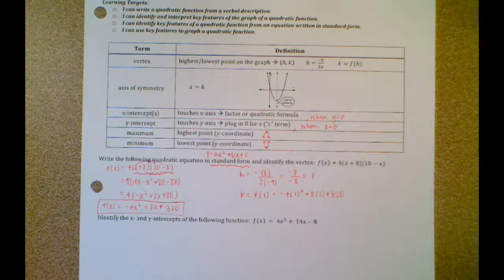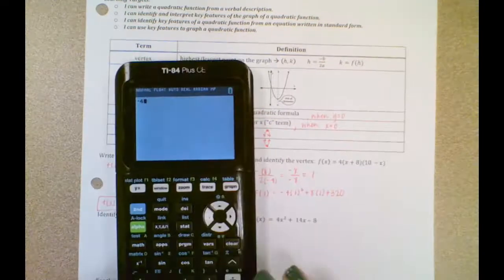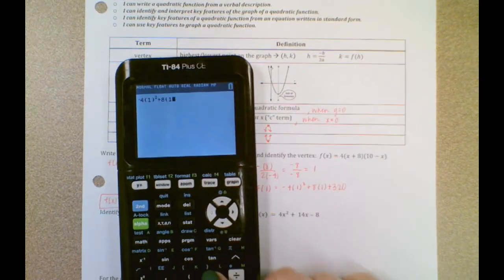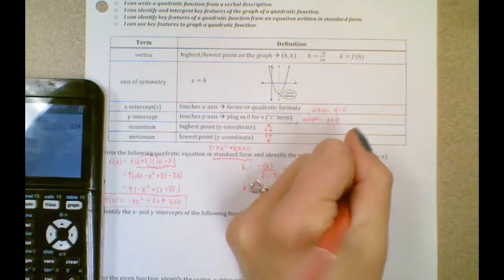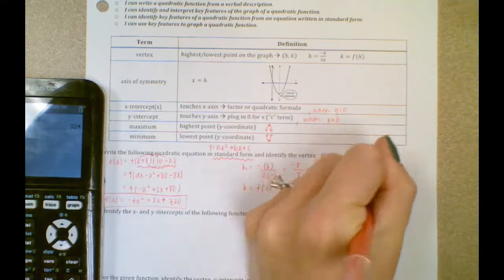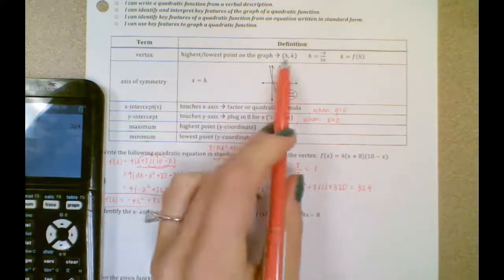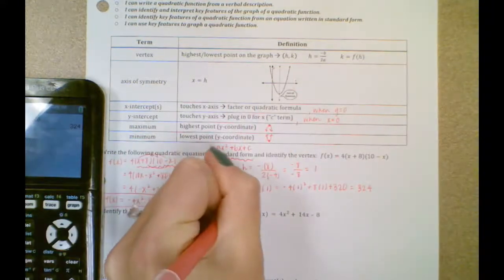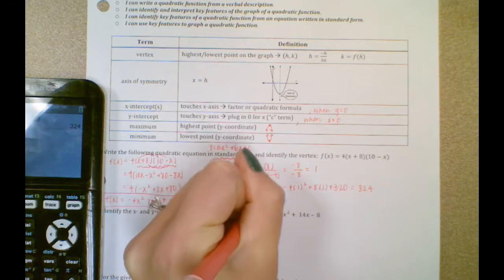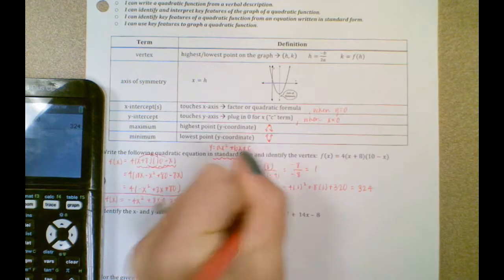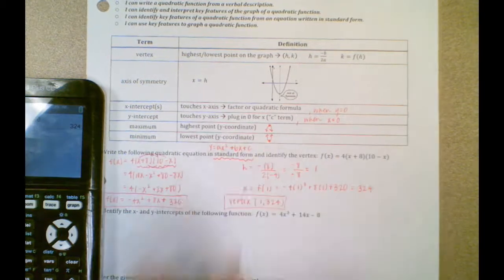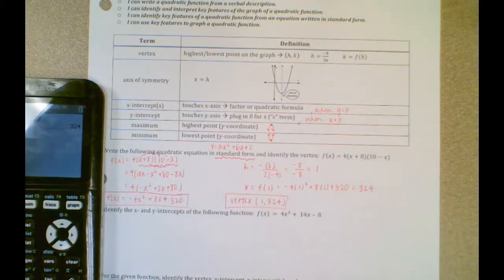Negative 4, parentheses, 1 squared plus 8. Look how I'm plugging everything in parentheses, especially if you have a negative number you have to plug in. Be careful. So 324. And then I just have to put the h and k value together in parentheses. So the vertex is (1, 324), h was 1, k was 324.